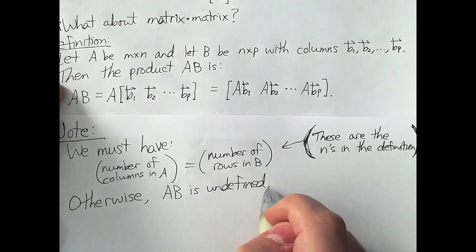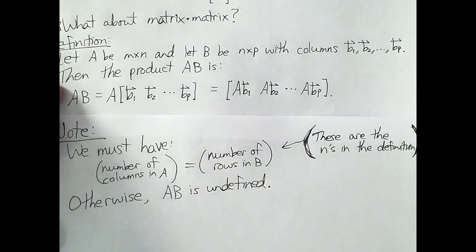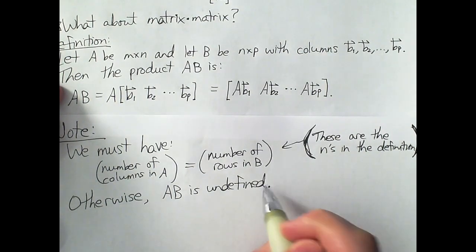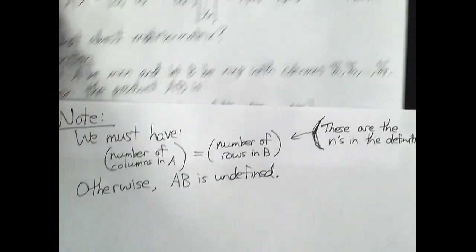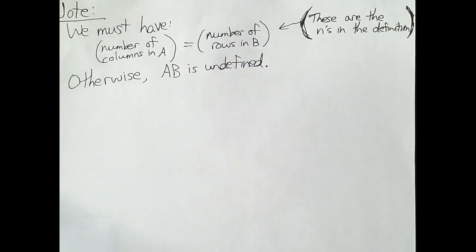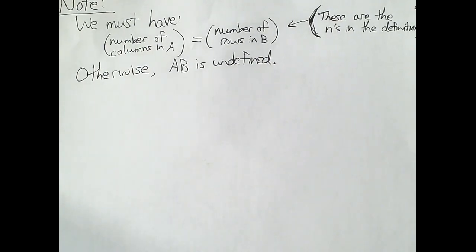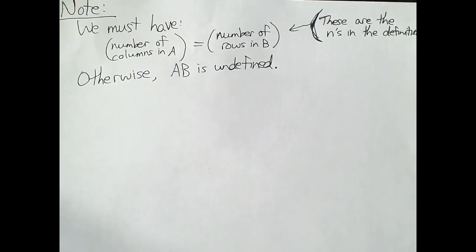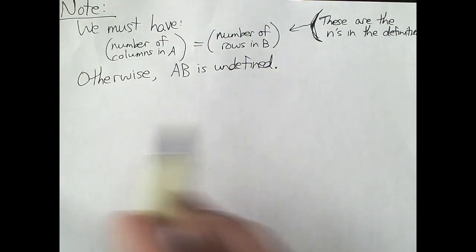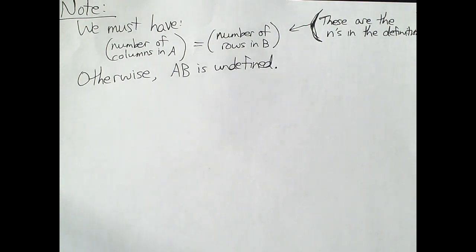All right, so maybe the new part is I'm telling you that AB we would just say is undefined or does not exist. Because in the definition, the n's are built in that way. And we don't have a separate definition for this other case.